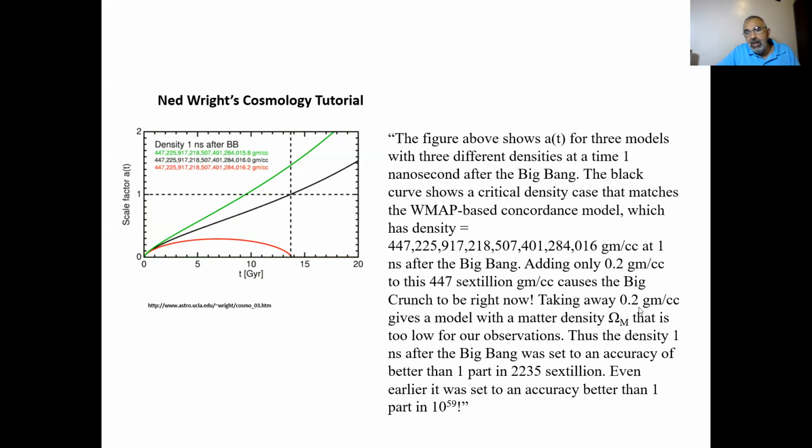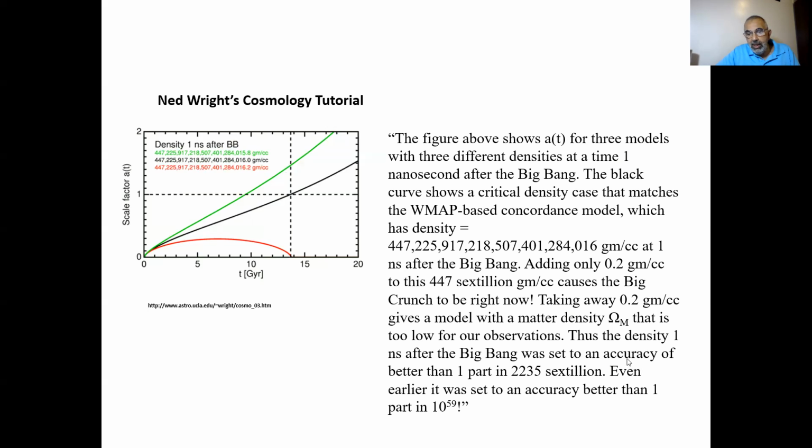If we similarly take away 0.2 grams per cubic centimeter from 447 sextillion grams per cubic centimeter, then we have a matter density omega that's too low for our observations, something that would not have allowed stars and planets to form.